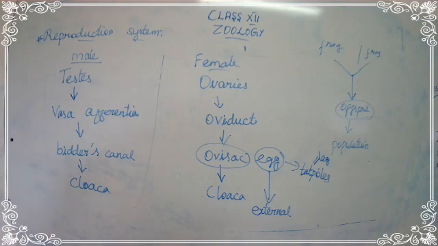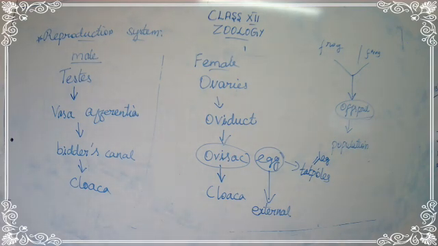Once again, let me repeat the same points. In the reproductive system, males have testis and females have ovaries. The vasa afferentia arise from the testis, enter the bladder canal and open into the cloaca. The female organ, the ovaries, has a pair of oviducts. The oviduct has an ovisac which opens into the cloaca and only preserves the egg.